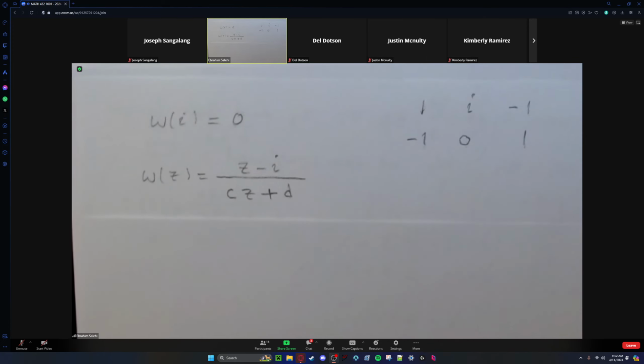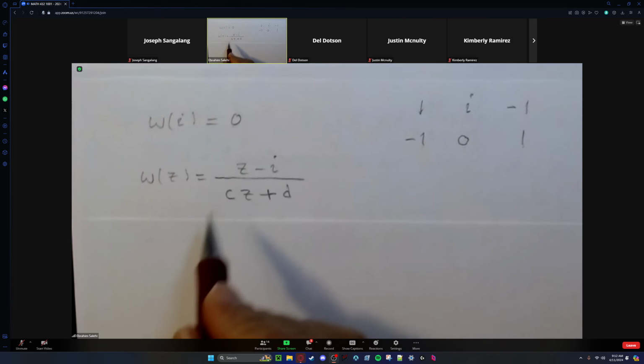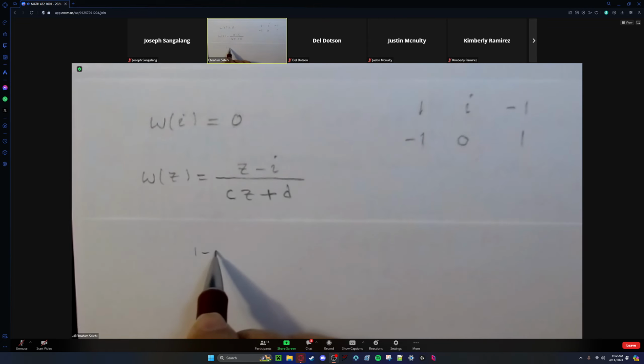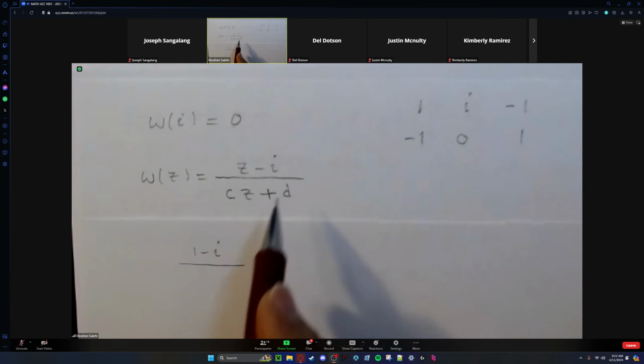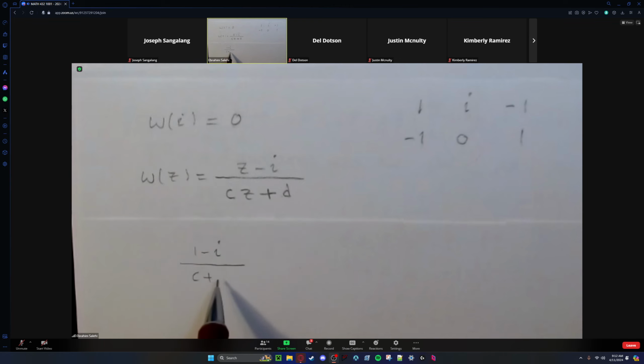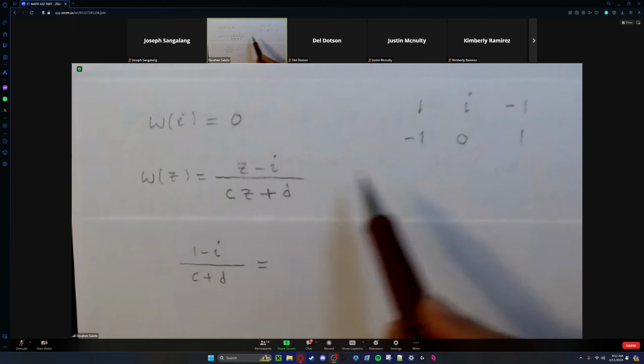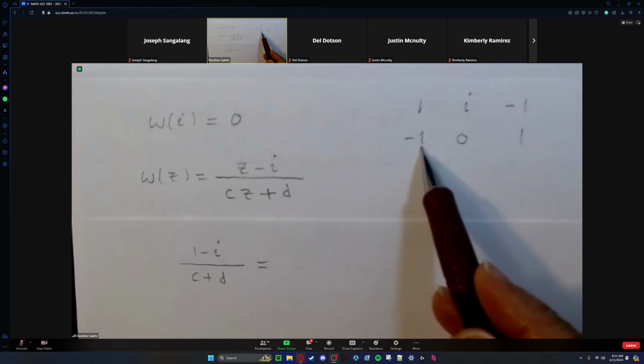If I plug in 1, it will be 1 minus i divided by C plus D. So if I plug in 1, I'm supposed to get negative 1.